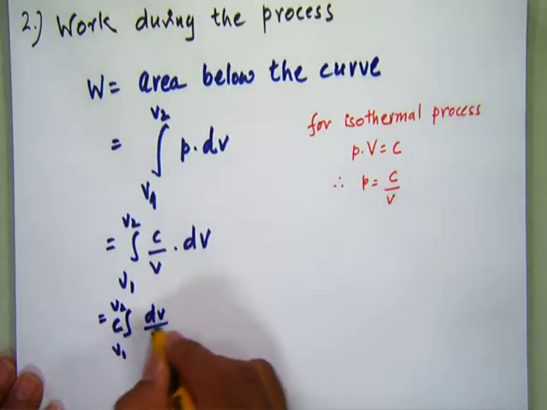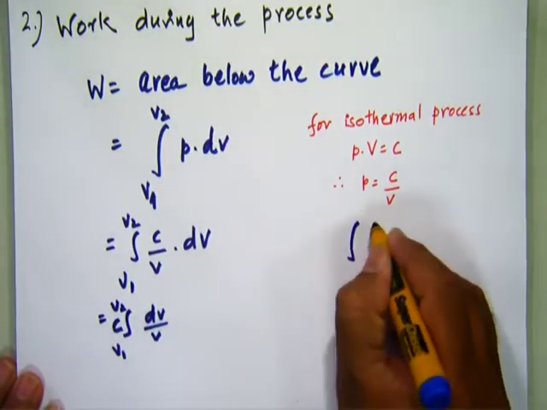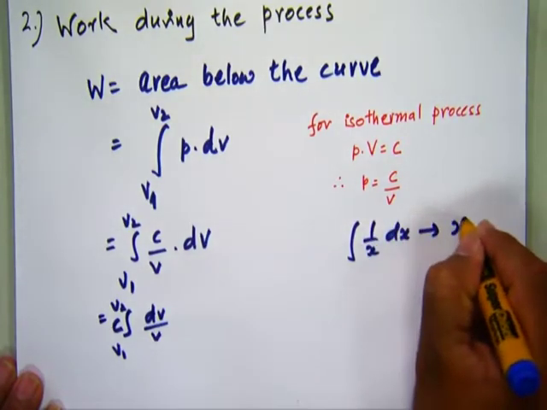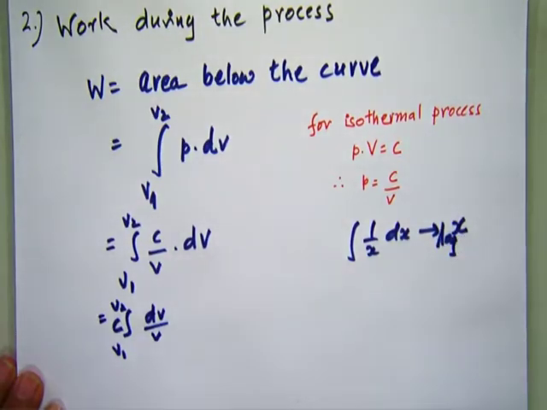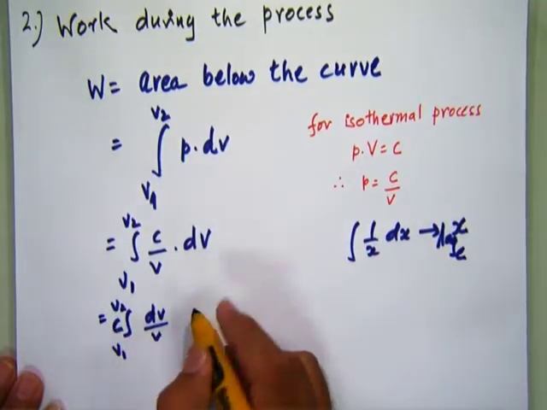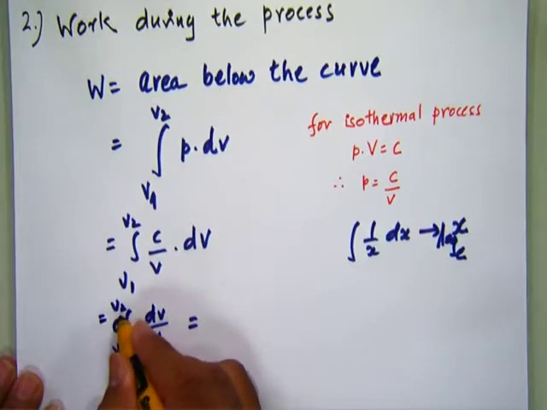What is the integration of 1 upon V? The integration of 1 upon x dx gives you log x to the base E. So it is log V running from V1 to V2.